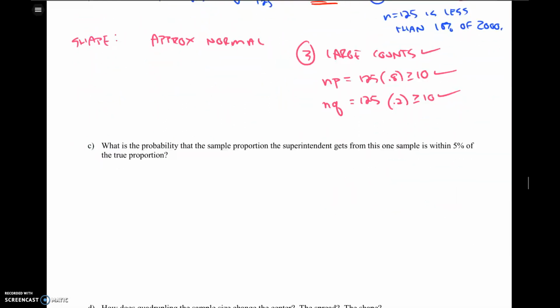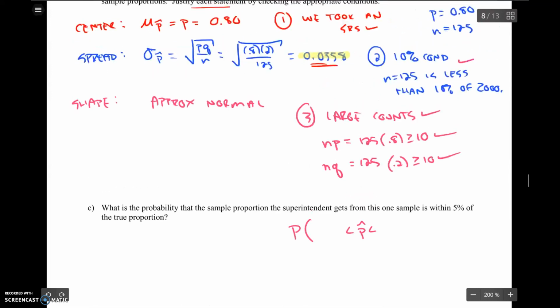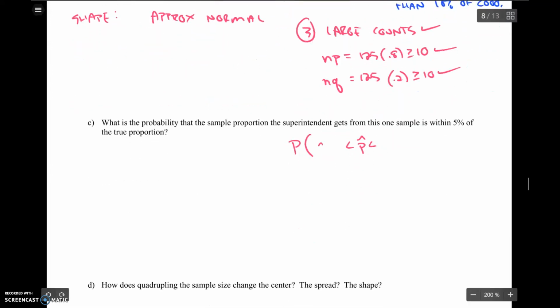What is the probability that the sample proportion the superintendent gets from this one sample is within 5 percentage points of the true proportion? So what's the probability that her p-hat is going to be within 5 percentage points of the true value? The true value is 80%, so what's the probability it's going to be between 75 and 85%?